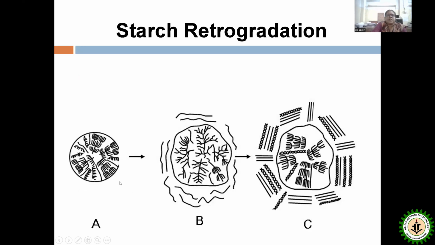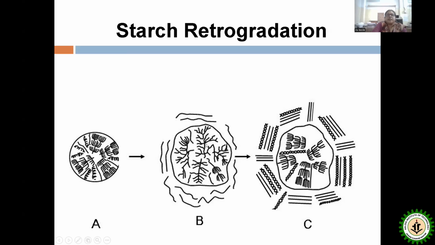Now this picture represents different forms of starch, or different conversions of starch. Picture A represents the raw starch molecules, where both the linear amylose molecules as well as the branched amylopectin molecules are within the starch granule. And picture B represents the gelatinization process.